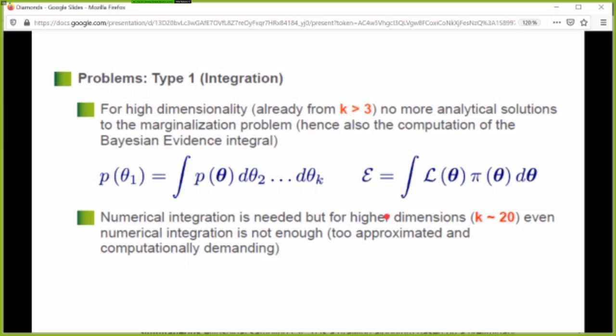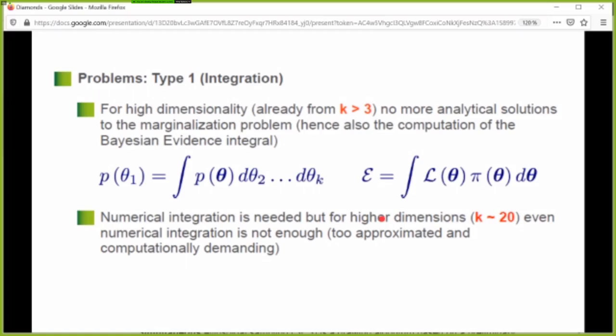So as you can see, in this type of problem we need to compute integrals, but we are going to face some problems because of the high dimensionality of integrals. Already for k strictly greater than 3, no more analytical solutions to the marginalization problems are to be found, and consequently also for the Bayesian evidence.